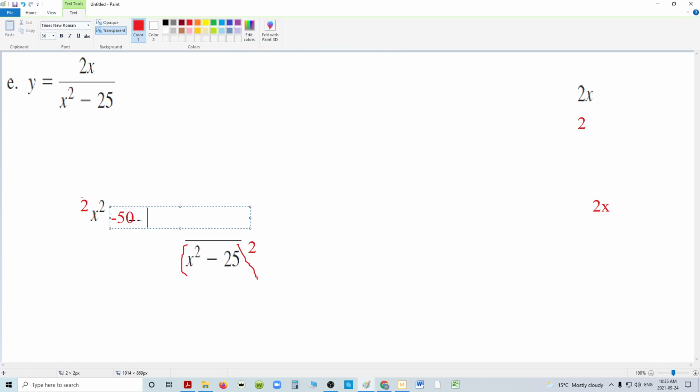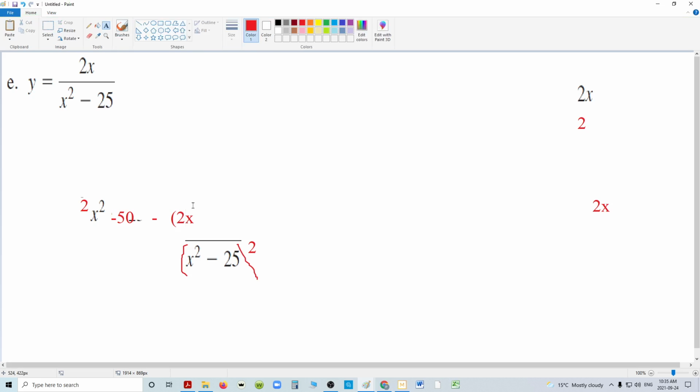And then you have to subtract, all in brackets, the second function multiplied by the derivative of the denominator, so minus 4x squared. So when you get 2x squared minus 4x squared, you're left with minus 2x squared. So you're essentially left with minus 50 minus 2x squared.